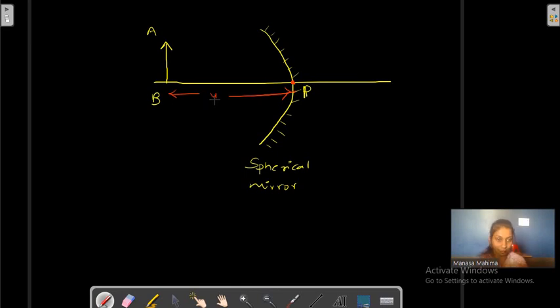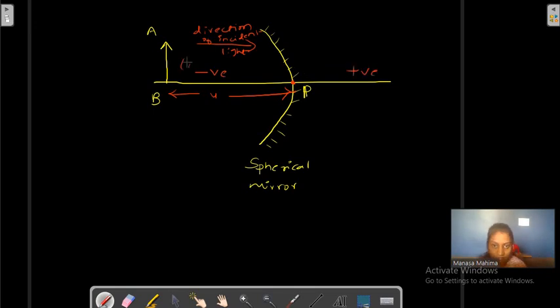That is the second point. All the distances should be measured from the pole. And this is the direction of what? Direction of incident light. Correct? And if I take this, it is a negative value. Whatever value I am taking here is a negative value.